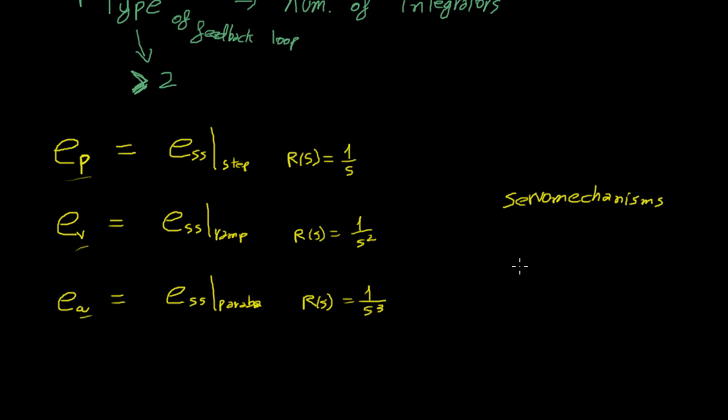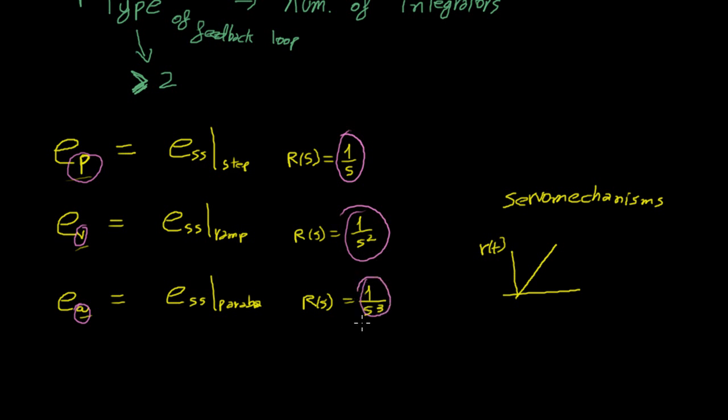And in them the association between, for example, a constantly changing desired position, the reference, and the idea of velocity is clear. But in general systems, the ideas of position, velocity, and acceleration may make little sense. So the only thing you need to keep in mind is that position is associated with step input, velocity is associated with ramp input, and acceleration is associated with the parabolic input.